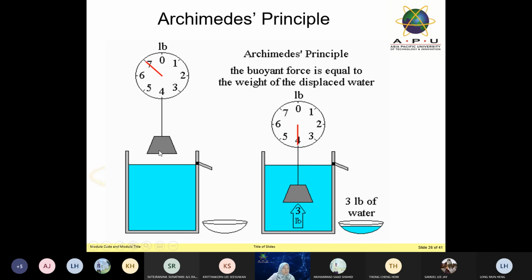So when you put one object inside the water, for example, the water which flows into this bowl is 3 pounds. After the water finishes flowing, it will stop. So 3 pounds of water is equal to this object's weight. It's the same.